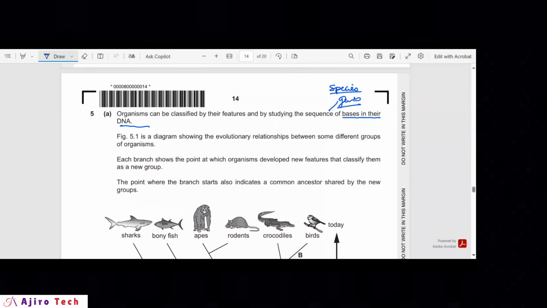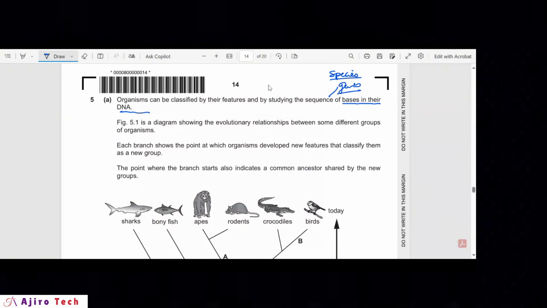So when we want to classify organisms, we can use their morphology, their physical appearance, which is less effective. And we can also use their biochemistry, which involves genes, that's their base sequence.